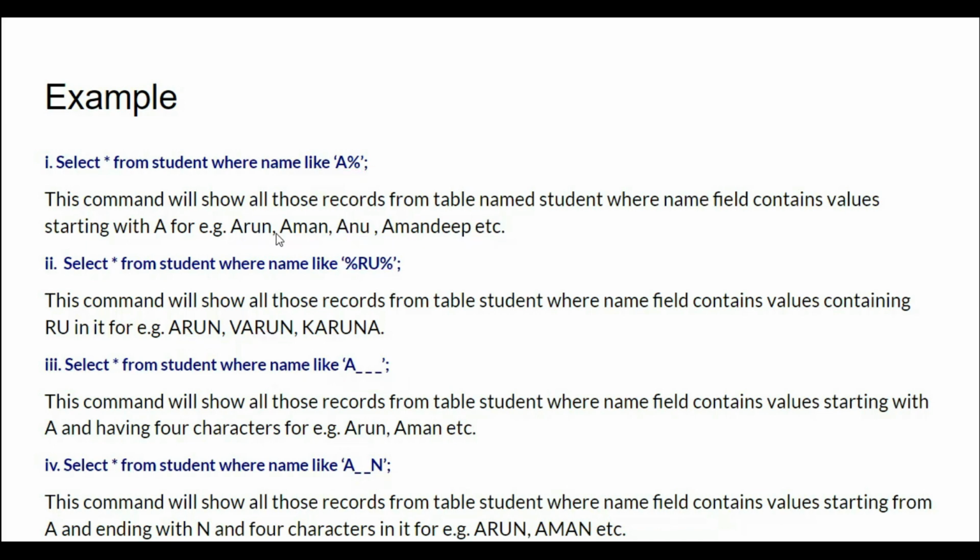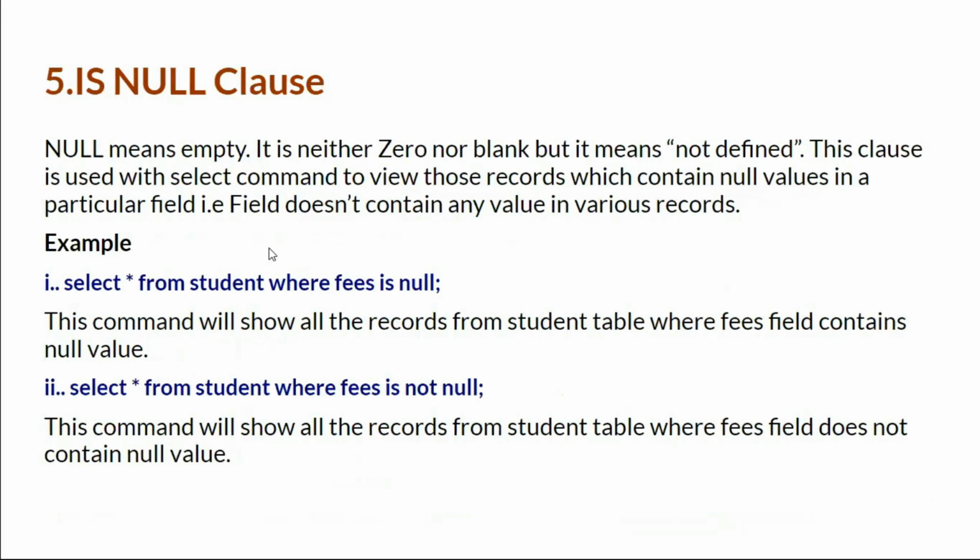So the next one is the is null clause. Sometimes you want to find out which columns have values and which columns don't have values. In that case, we will go with the is null clause. So null means empty.